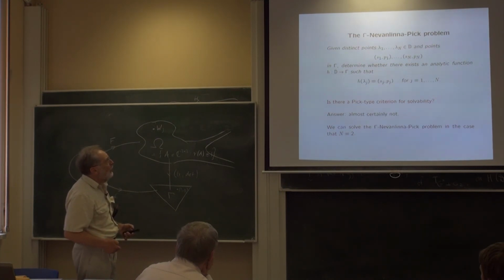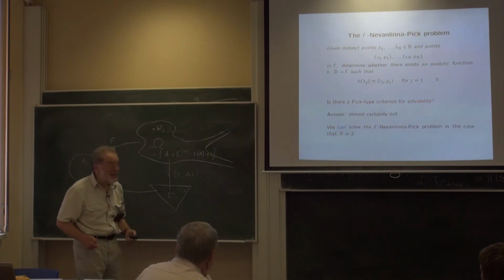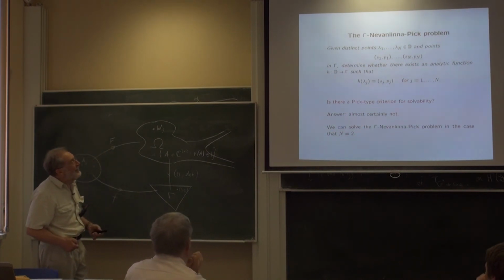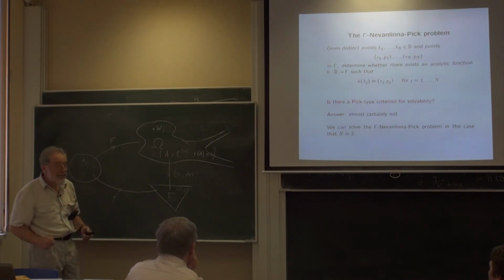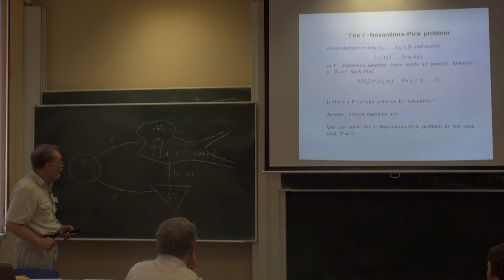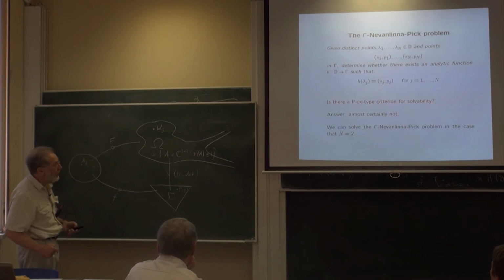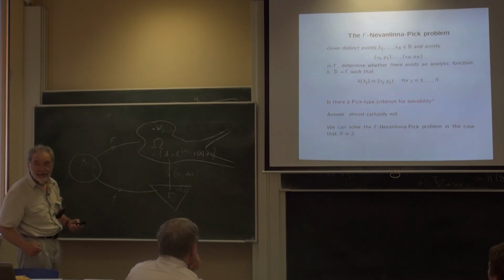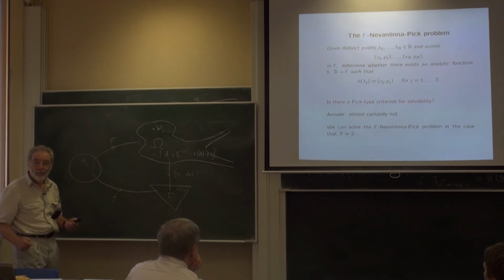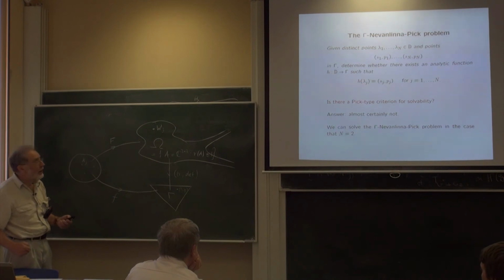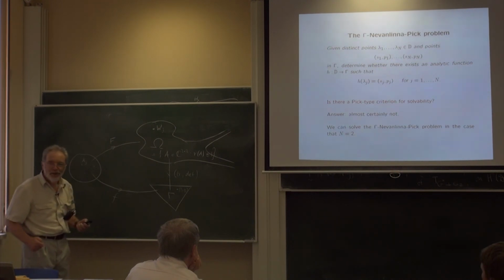So all we have managed to achieve in the 20 odd years since we started trying to solve this problem is that we can solve it for 2 points. So now if n is 2, then there is a solution. There is a paper in 2006, but that's not very constructive.